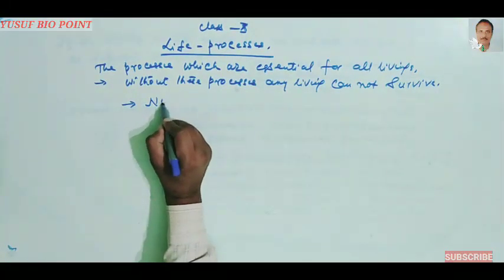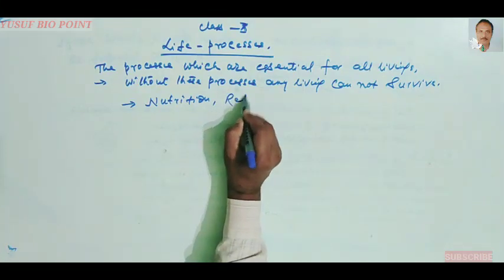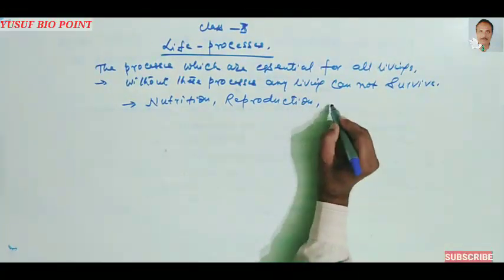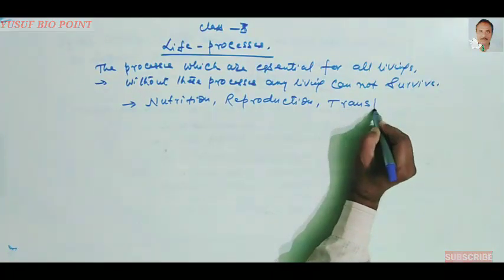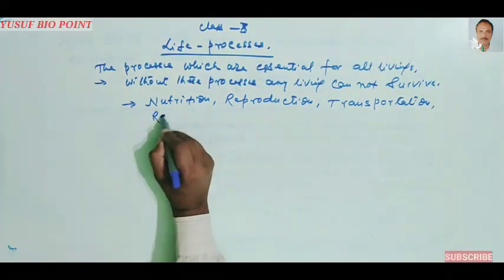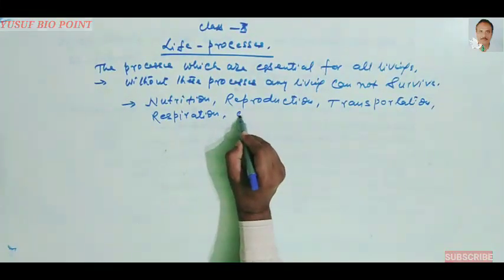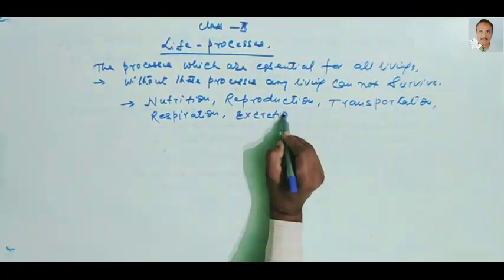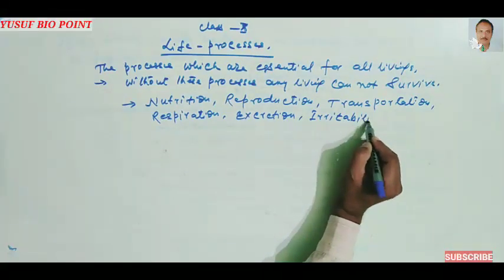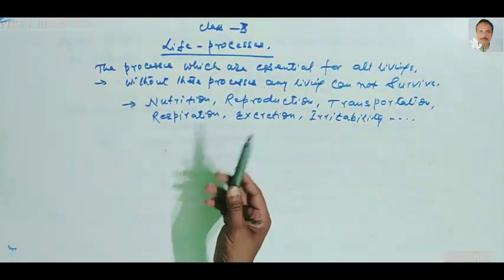These are nutrition, reproduction, transportation, respiration, excretion, irritability, etc. These are the processes, the activities which are essential for life.